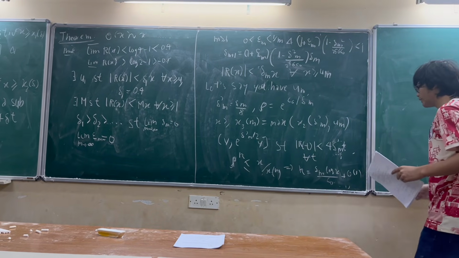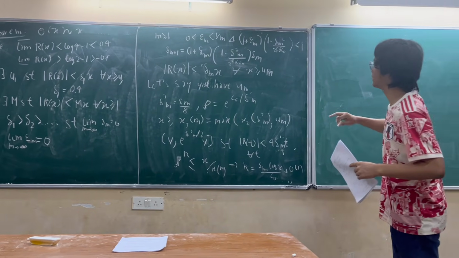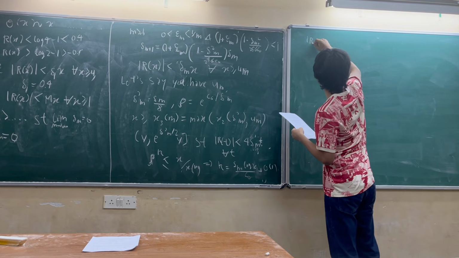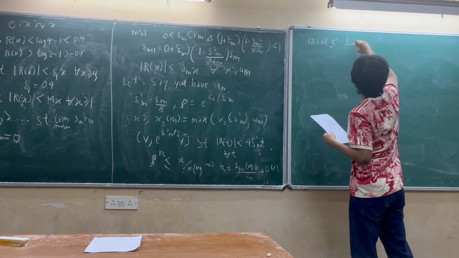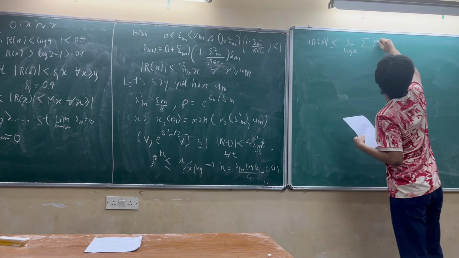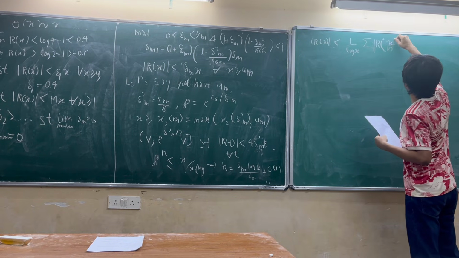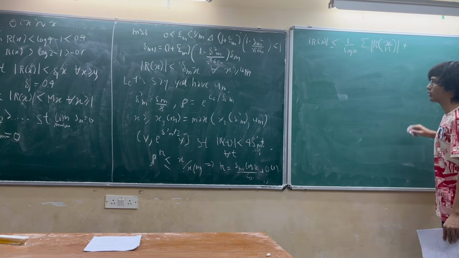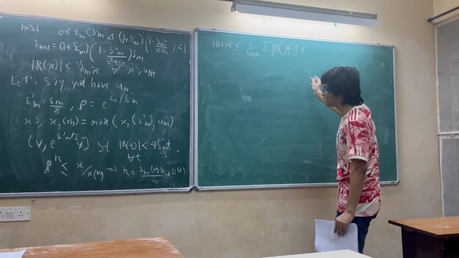So now that we have this, we can apply the theorem that we had proven a few minutes ago, that mod of R(x) is less than or equal to 1 by log x summation mod of R(x by n) plus, remember, order of x log x divided by log x.